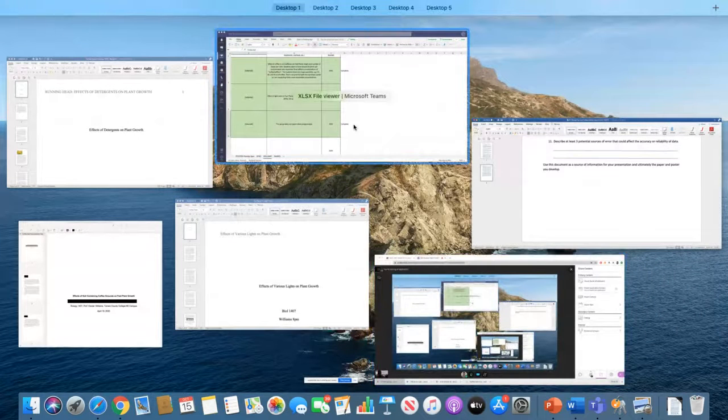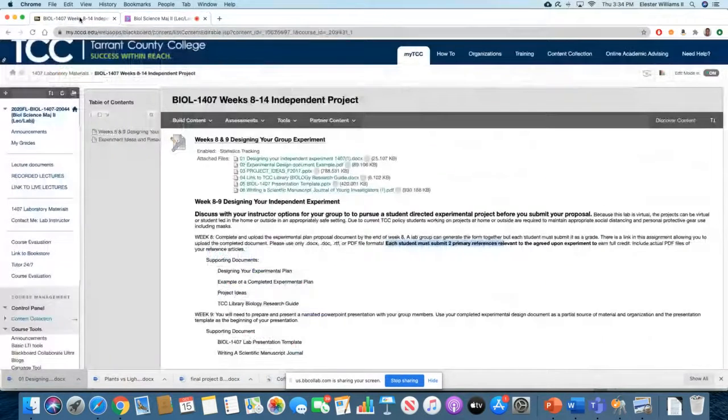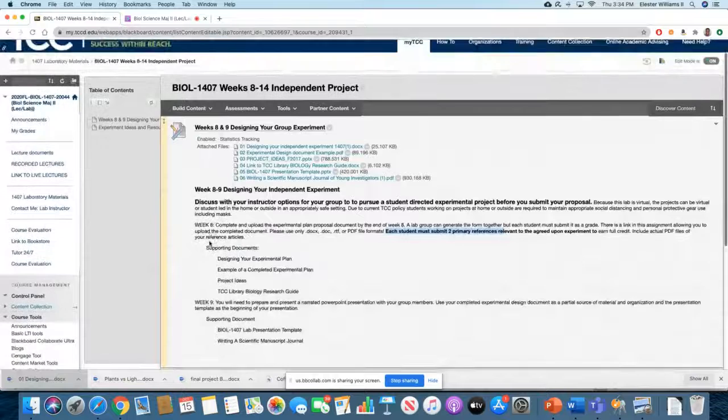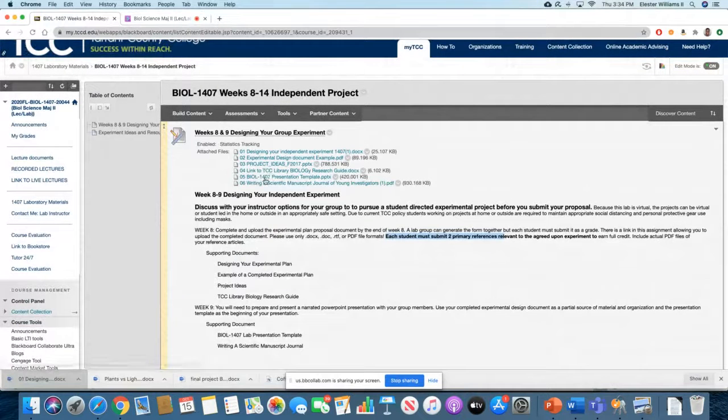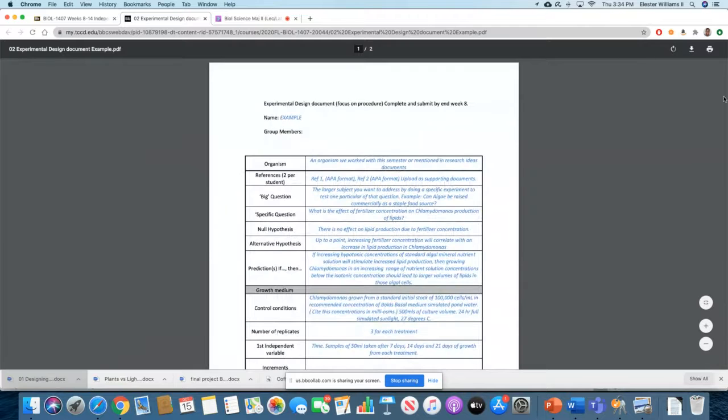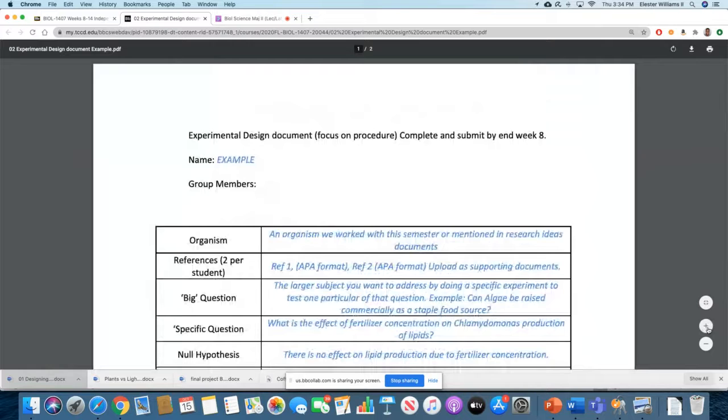So let's jump back to the folder. And then you have these additional files. So we'll go and look at the second one, and we'll wait for it to load up. I'm going to go ahead and zoom in on this document.